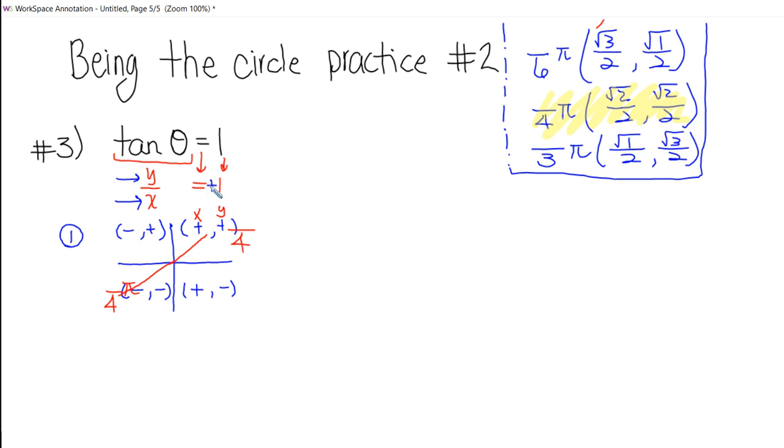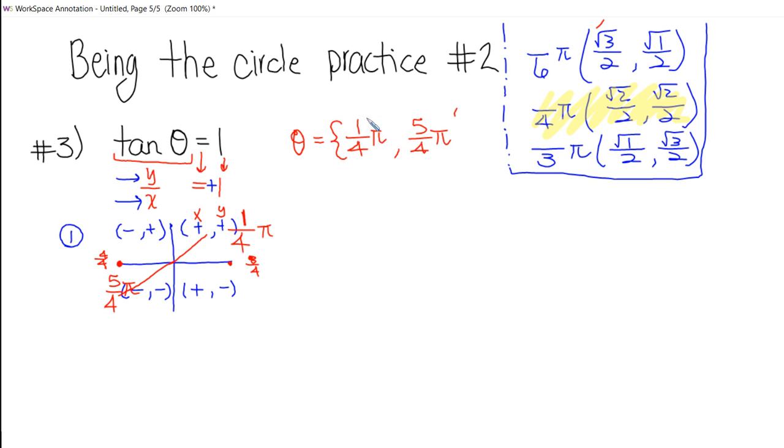We're going to use the same strategy as before. On this corner it's going to be 4 over 4 pi. On this corner it's double that amount, which is 8 over 4 pi. However, my first one is always going to be 1 over 4. The one in my third quadrant is 1 after 4, which is 5 over 4 pi. So my thetas are going to be 1 over 4 pi and 5 over 4 pi.